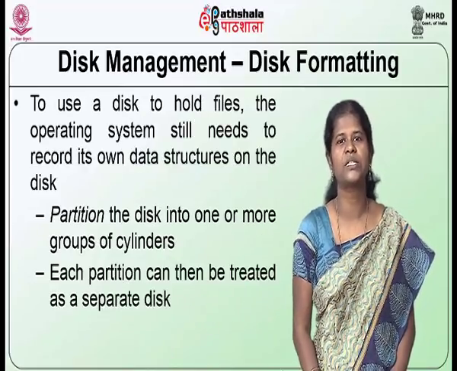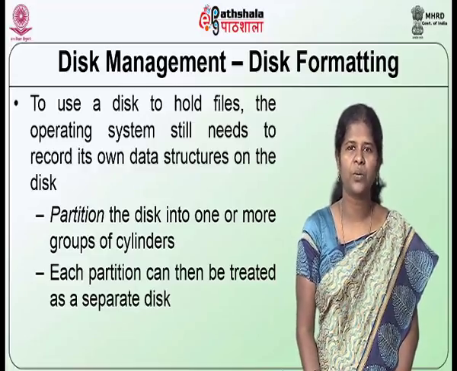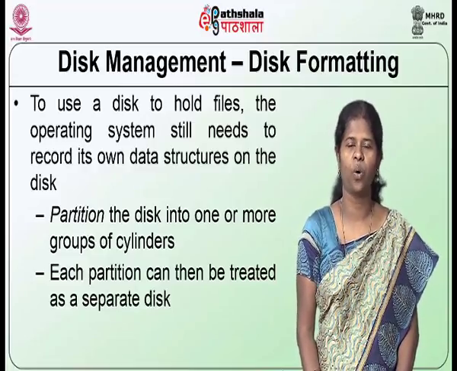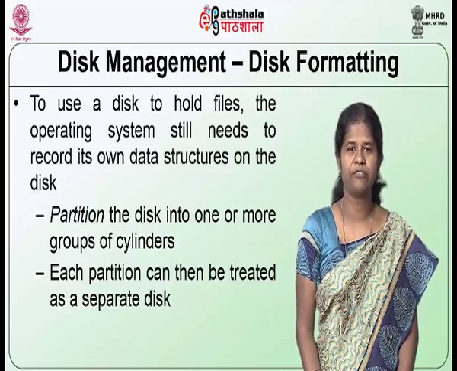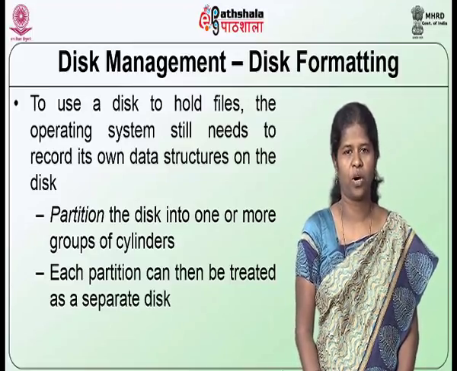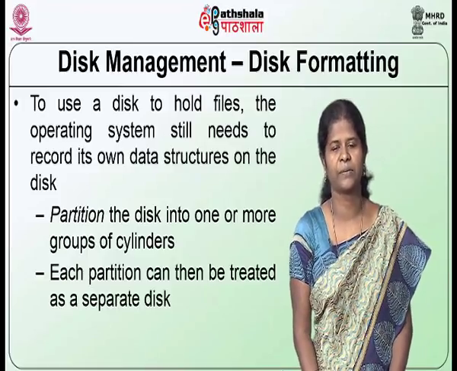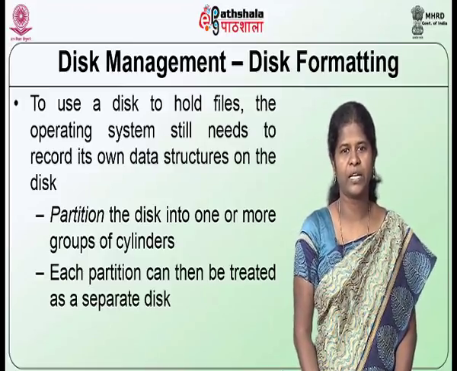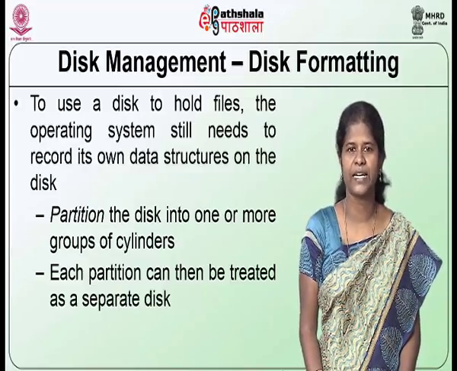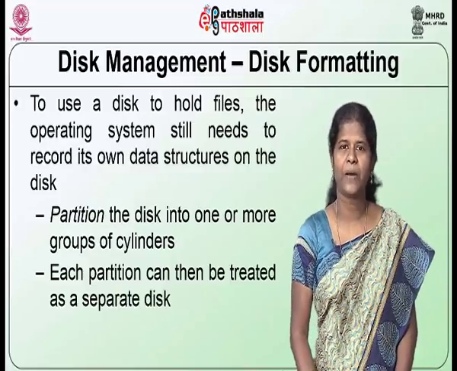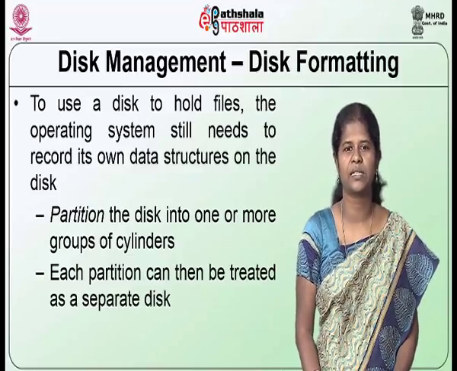In addition to this low level formatting, to use the disk to hold the files or to put the file system into the disk, it is necessary for the operating system to record its own data structures on the disk. For this, the disk is first partitioned into one or more groups of cylinders, and each partition can even be treated as a separate disk.